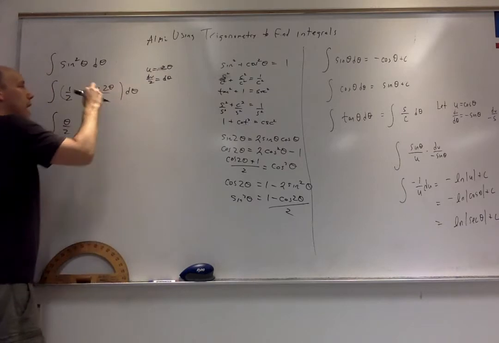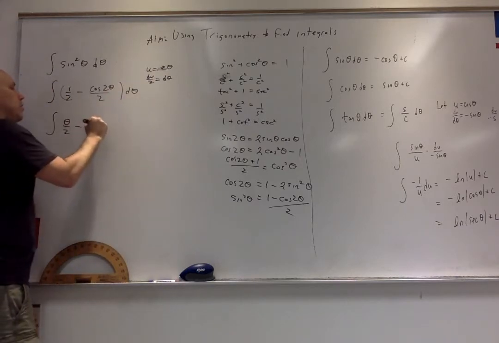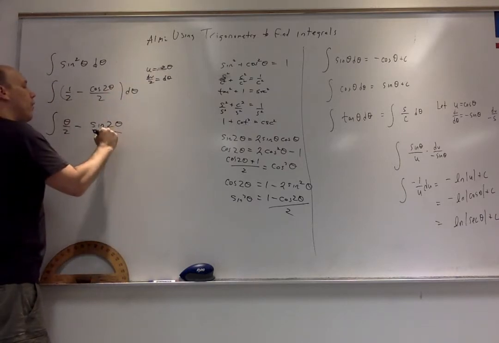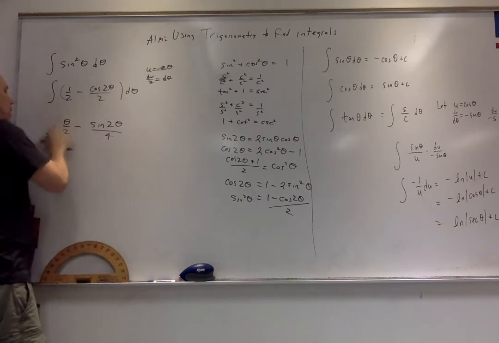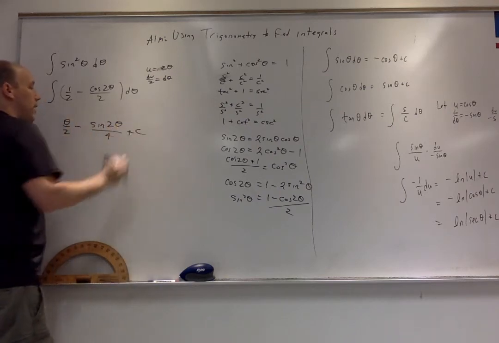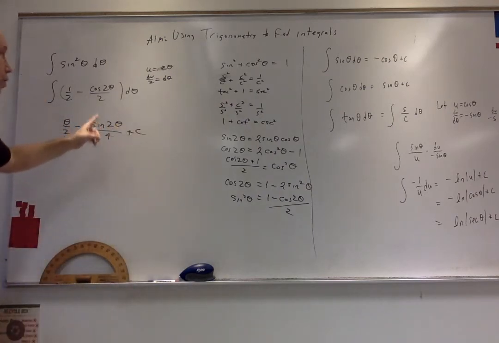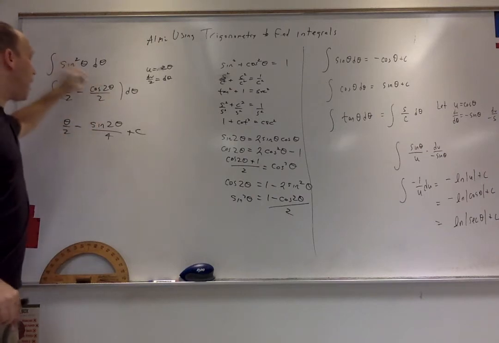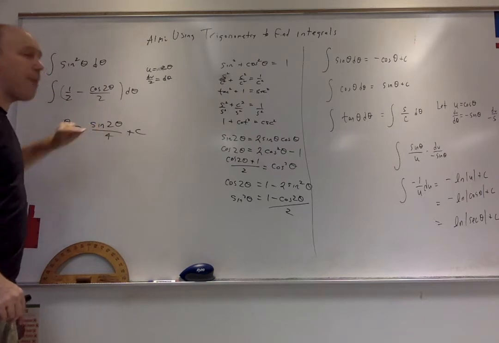So the 2 comes down. So this is minus sine 2 theta over 4 plus c. Try this out on your own. This idea, it's really easy. Once you just bring the cosine back, but remember the 2 goes in the denominator.